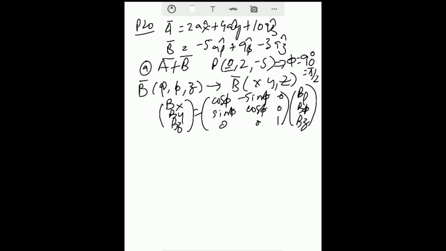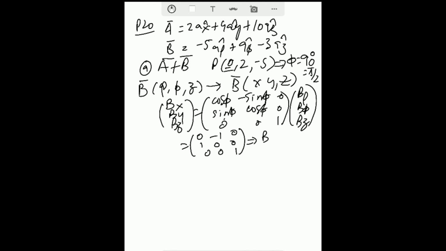So I can easily find this. Cosine phi is 0, minus sine phi is minus 1, 0; sine phi is 1, cosine phi is 0, 0; and 0, 0, 1. So this makes it very simple.